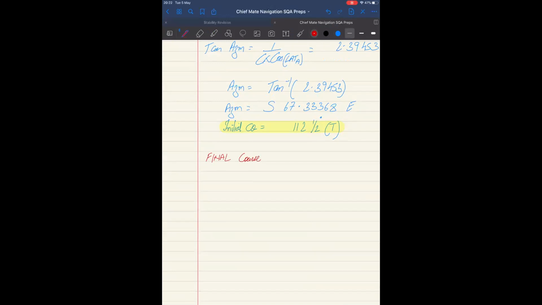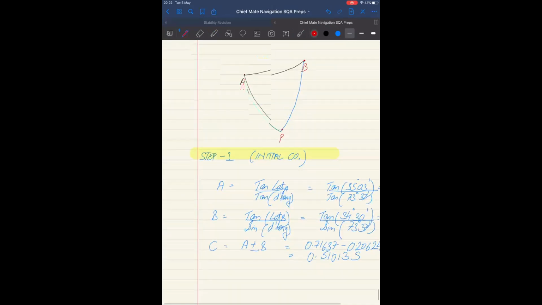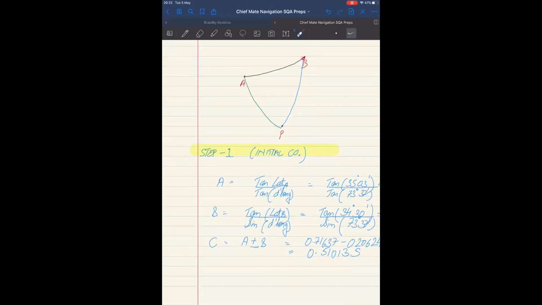Final course, again, we use the same ABC method. So A is equal to tan of initial lat, because here we'll assume that we are moving from B to A. Point B will become our initial latitude, and point A will become our final latitude.